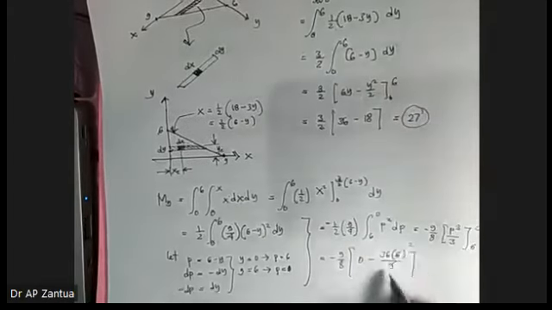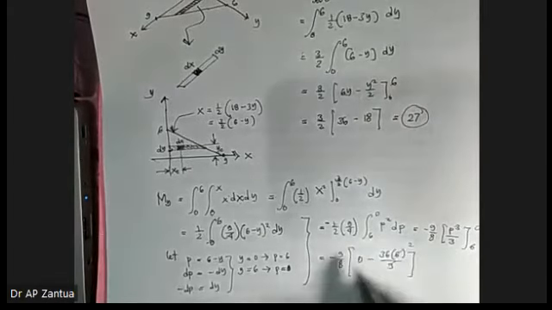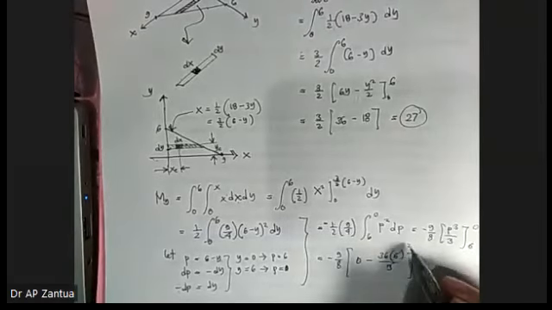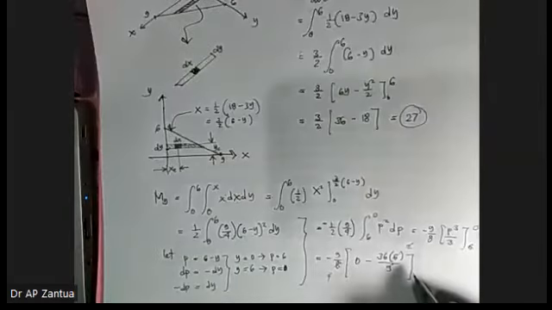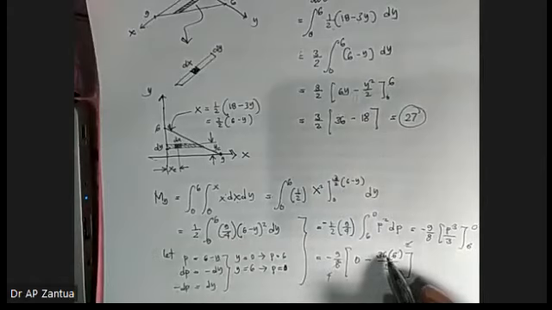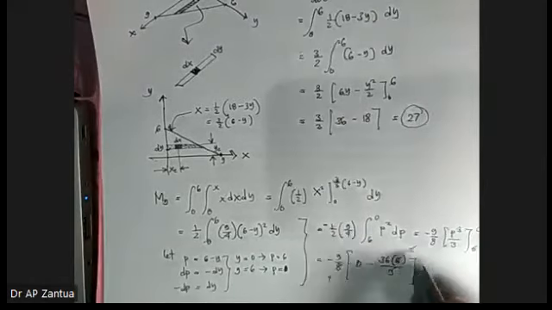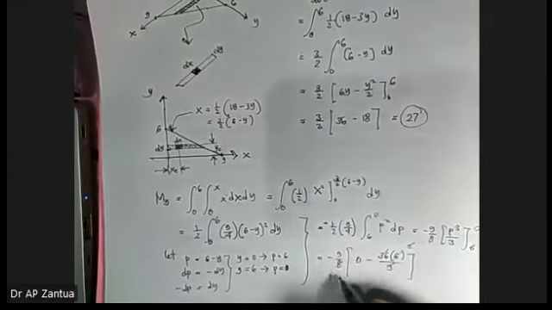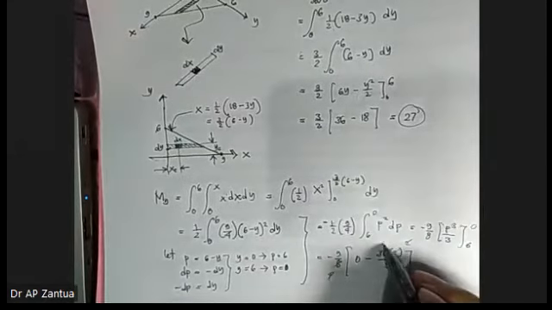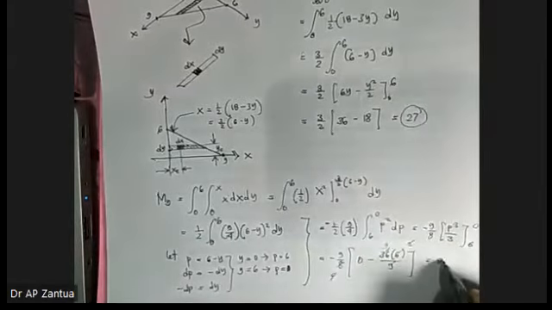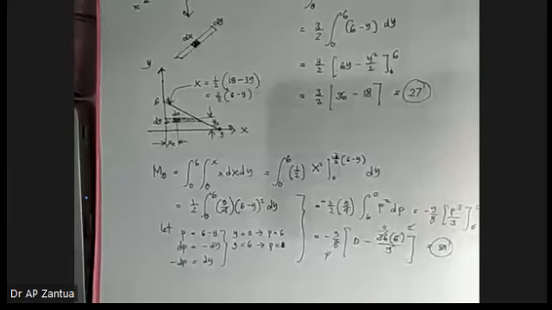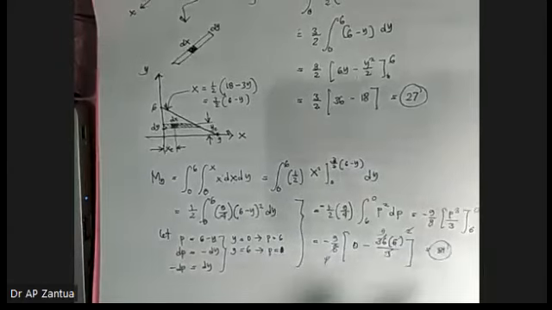Therefore, 36 times 2 is 72. Negative, negative, positive. So 72, and the 2 will become 4. So 36 divided by 4, this is 9. Therefore, the answer is 81. The answer is 81.